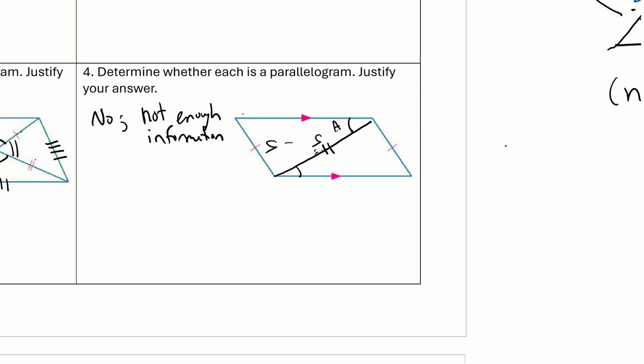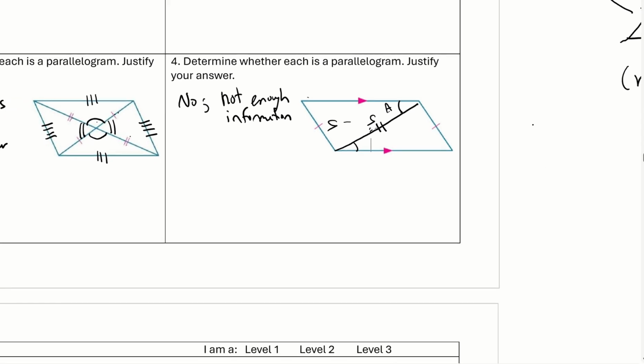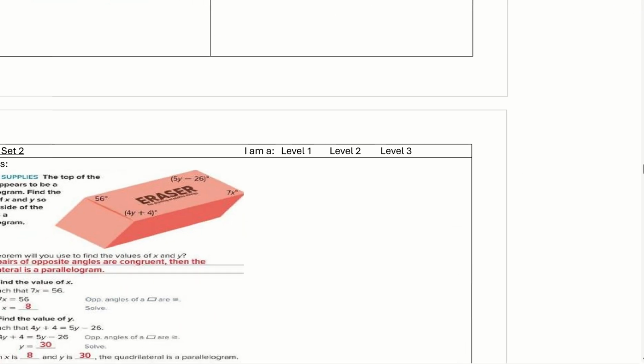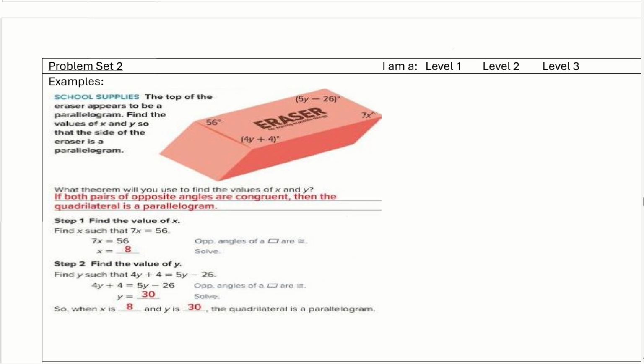And therefore, we cannot say that the triangles are congruent because we don't have enough information. And if we can't establish the triangles are congruent, then we can't establish CPCTC. And therefore, we can't establish the parallelogram properties that we need. So not enough information.